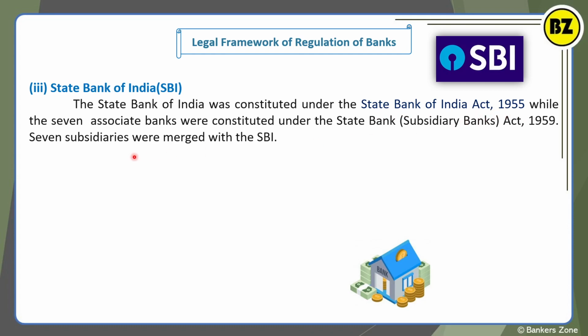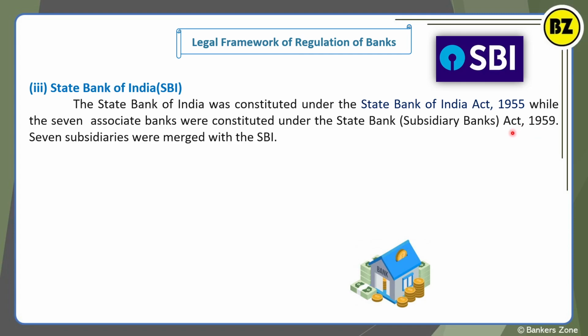Those 7 subsidiaries are now merged with the SBI. Previously the associate banks were there, like State Bank of Hyderabad and State Bank of Travancore. These are merged with the SBI, but those banks were constituted by way of the Subsidiary Banks Act 1959.